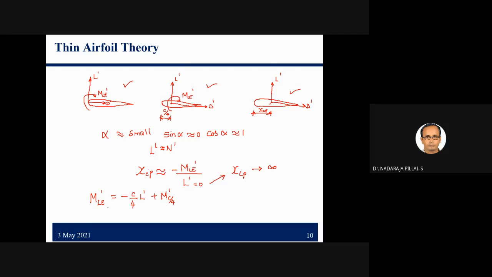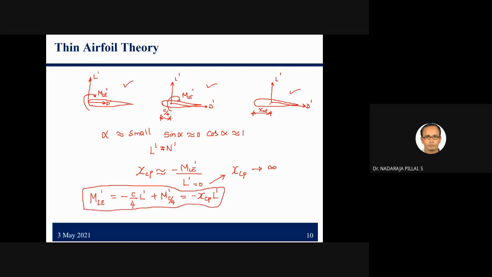So once I want to calculate the moment about the leading edge, I can calculate L dash multiplied by c by 4, and the moment about the quarter chord point. That can be equated to minus xCp into L dash. So one can write this equation: the moment about the leading edge is c by 4 into L dash plus the moment about the quarter chord point.